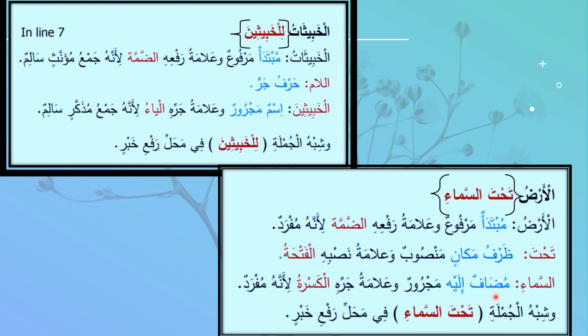As you know, whenever a noun comes after a zarf, it makes an idafa with the zarf. These two make an idafa. Tahta sama'i. So sama'i falls in the mudaf ilayhi position. Remember that. It's majroor and it has a kasra. And one extra i'rab for the shibh jumla with zarf. How will you say it now? Shibh jumla tahta sama'i fi mahall raf khabar.